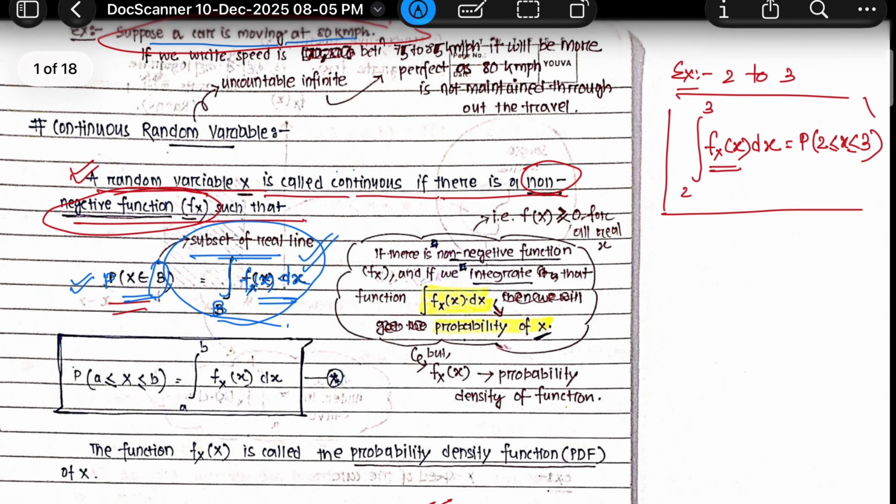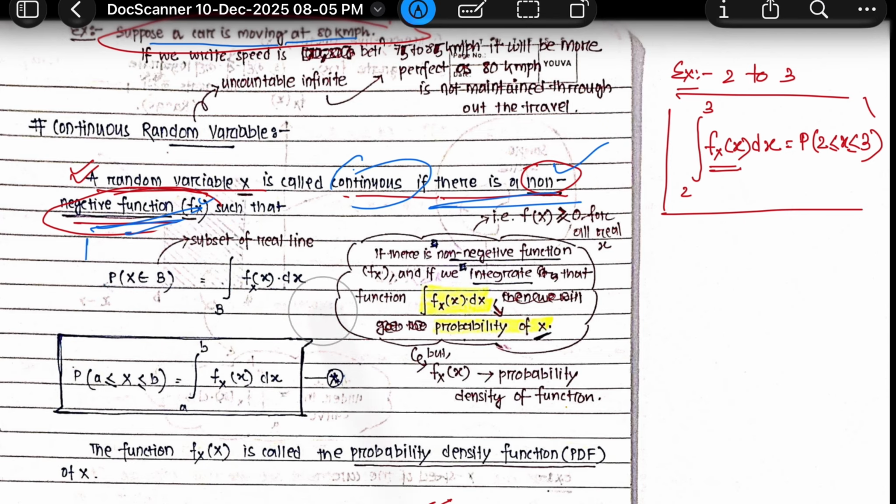Okay, so as you know now, the random variable is continuous if and only if there is a non-negative function such that this is the situation. That is, you will integrate this from a to b, that area.